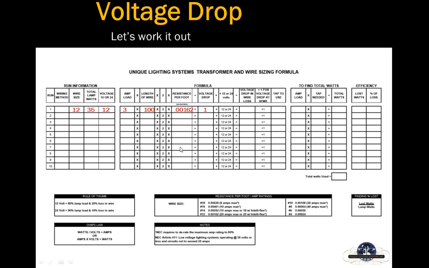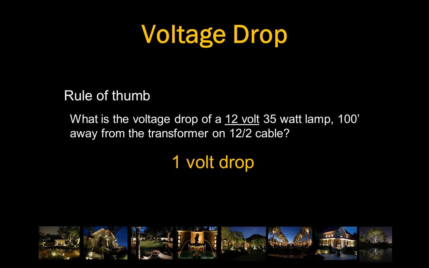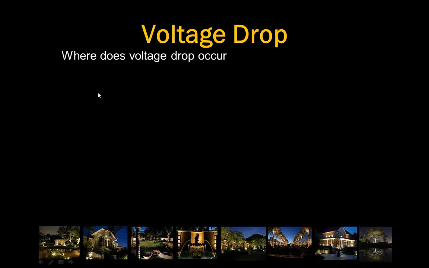And our voltage drop is around 0.9, so I'm going to go ahead and round it up to 1. So the answer to the question of what is the voltage drop of a 12-volt, 35-watt lamp is a 1-volt drop. Now you can use that sheet, that formula, for any amount of watts that you want and any volts, and I have all the information that's on there. It'll work for any system, anytime that you want.